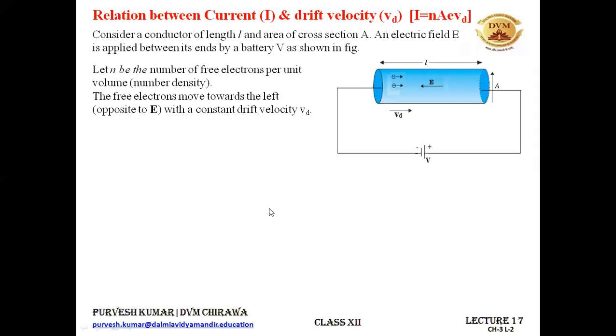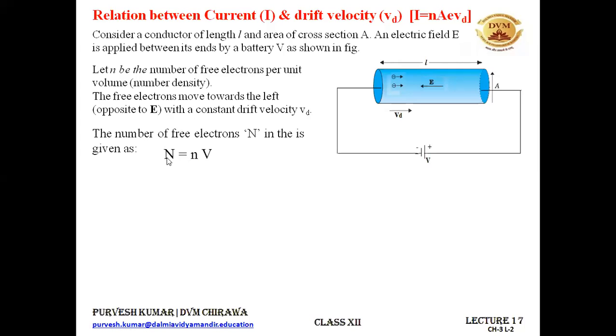Now, the total number of electrons present in the conductor, that is capital N, can be given by this formula. We know small n is equal to capital N upon V. So capital N, the total number of electrons present inside the conductor, can be written as number density multiplied by the volume. All right.